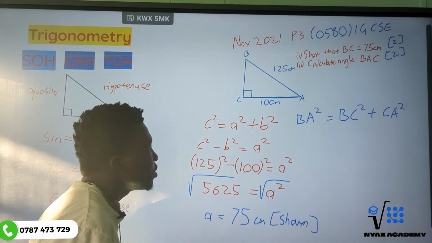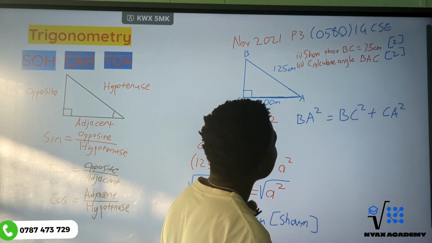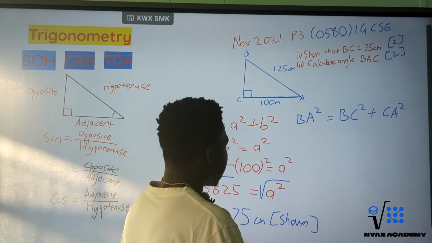Then you make BC the subject of the formula, but this also works out. So let's move on to the second question. Calculate angle BAC.